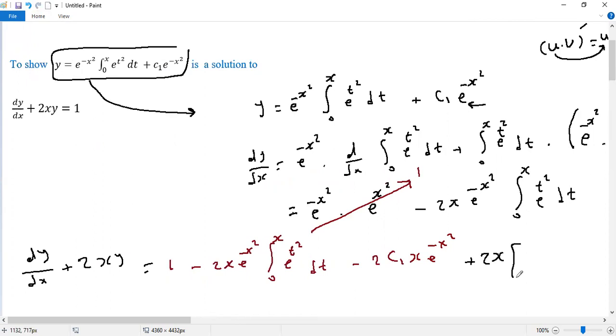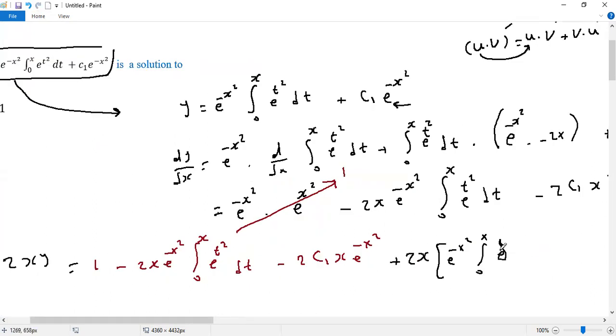So the y is e to the minus x squared times the integral from 0 to x of e to the t squared dt, plus c1 e to the minus x squared.